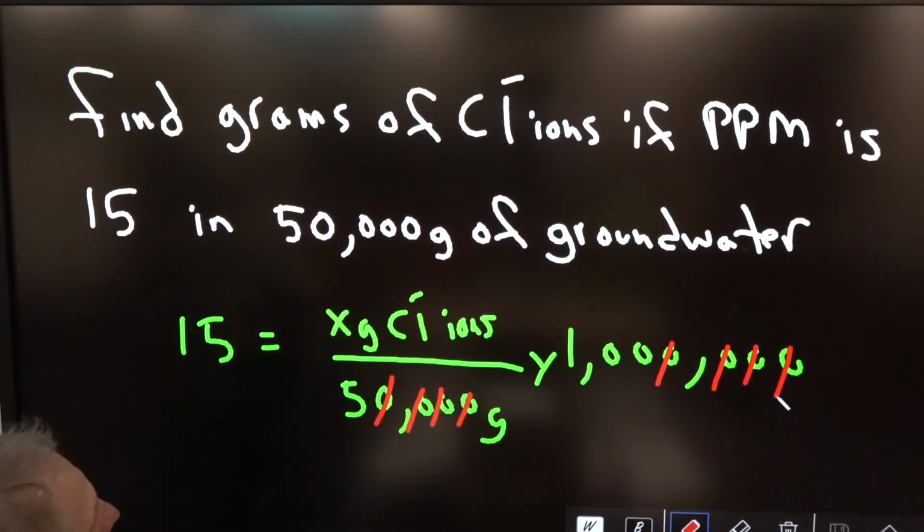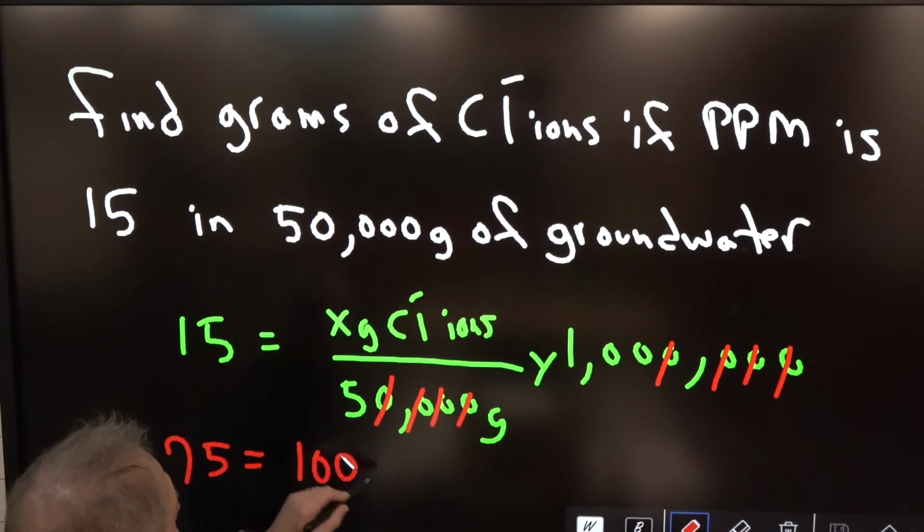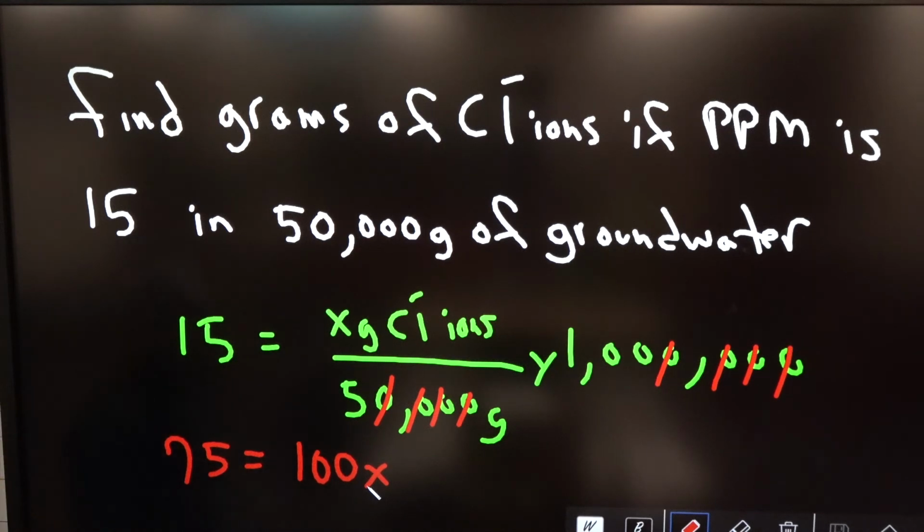100x over there, and then this would be 15 times 5. And that will be 75 equals 100x. To get x by itself, I simply dump the 100 underneath there.